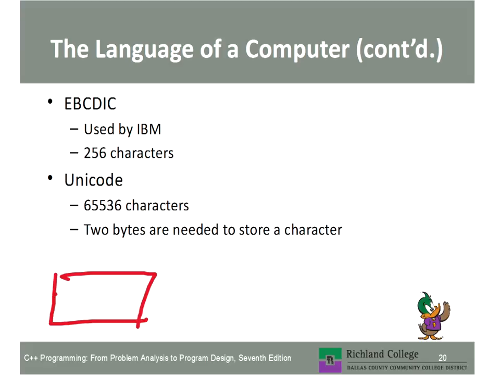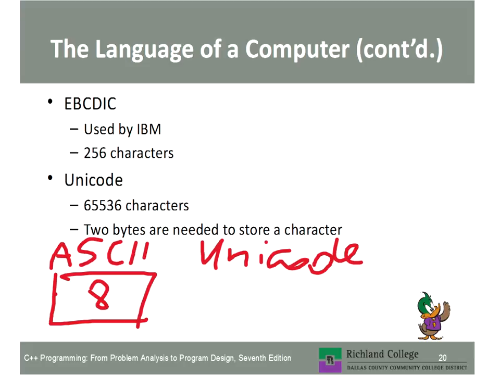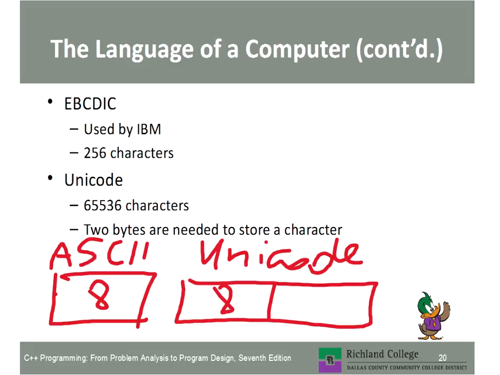The Unicode characters. So when we talked about ASCII, okay, the American Standard, you have 8 bits per character. Now when you have Unicode, you have 8 bits plus 8 bits. So you have 16 bits.